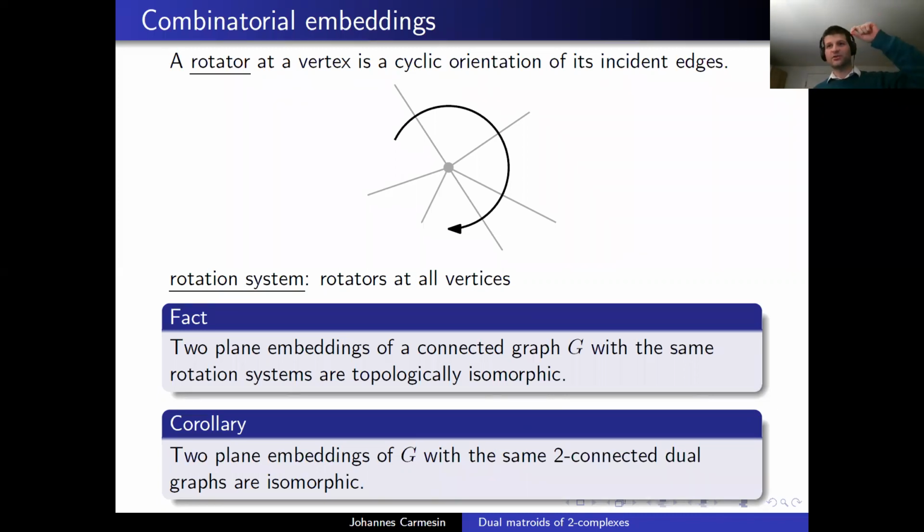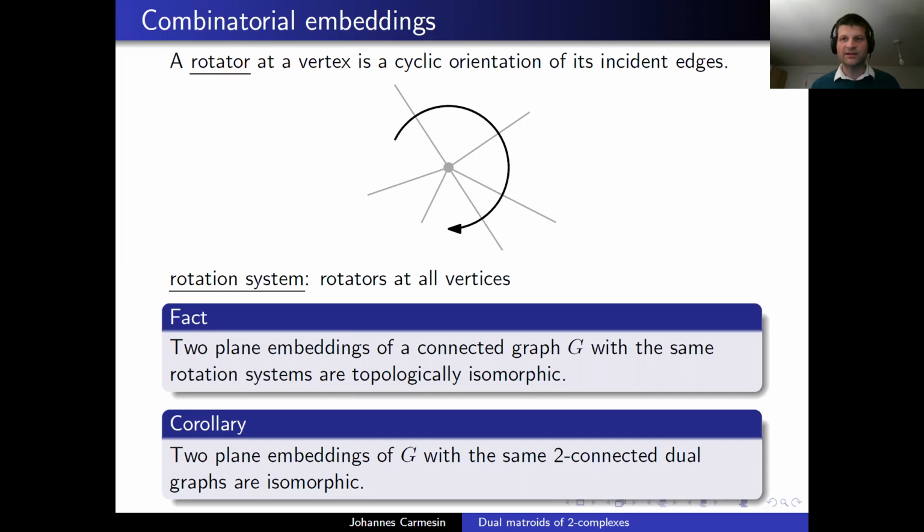And then if I take a vertex of the primal, then all the edges going out in the dual graph would form a face boundary, which by 2-connectedness would be a cycle. So they would uniquely determine the rotator. All right, so a 2-connected dual graph uniquely determines the rotators of the embedding, and thus uniquely determines the embedding.